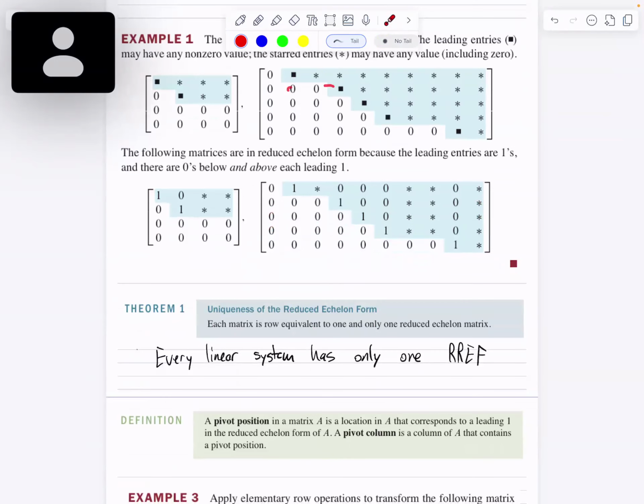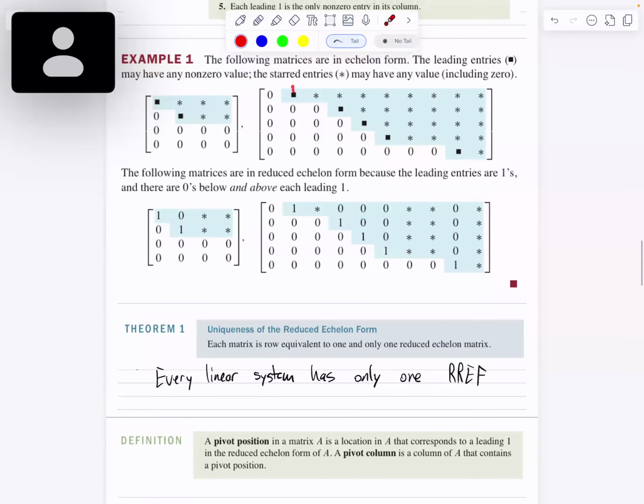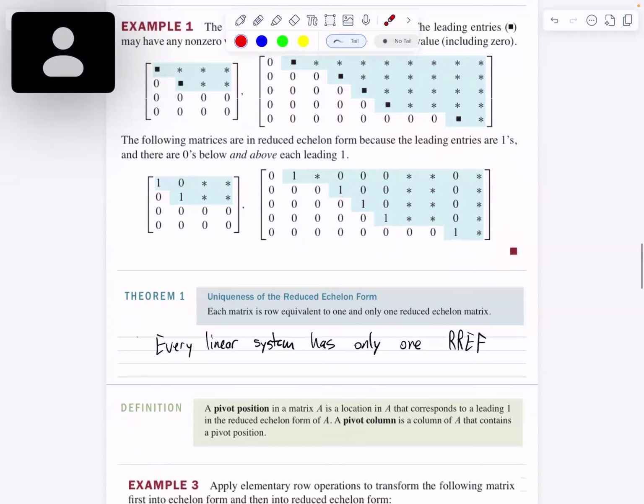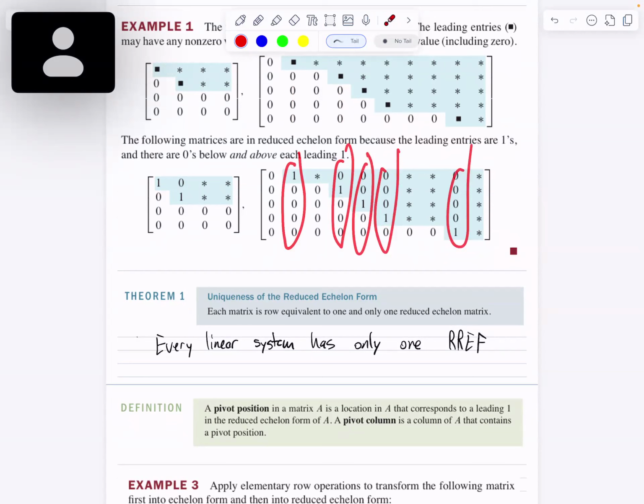These leading positions I've been talking about are called pivots. Pivots are extremely important for many theoretical aspects of a matrix, but for our purposes, they're the things we use to eliminate the columns below and above. You always want your pivots to end up being 1 in reduced row echelon form. A pivot column is a column that has a pivot, and this has 1, 2, 3, 4, 5 pivot columns.